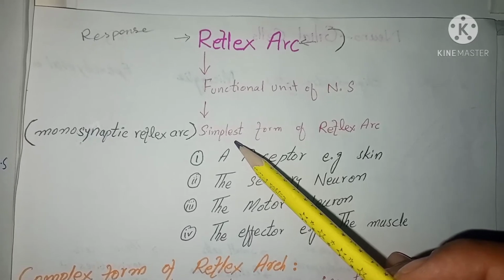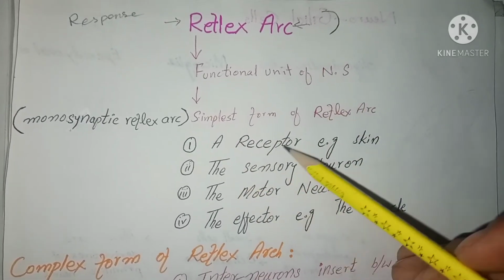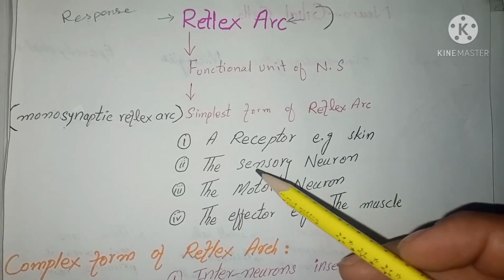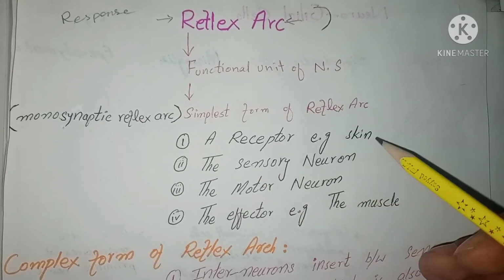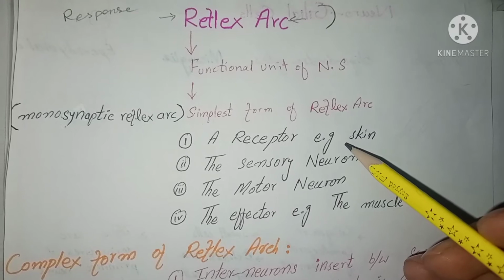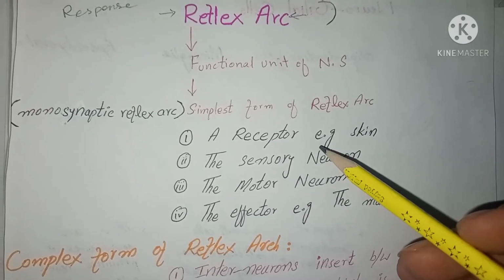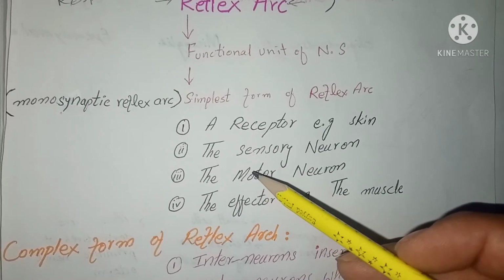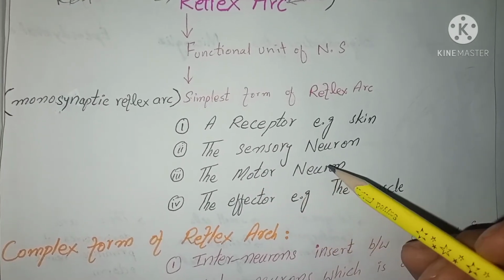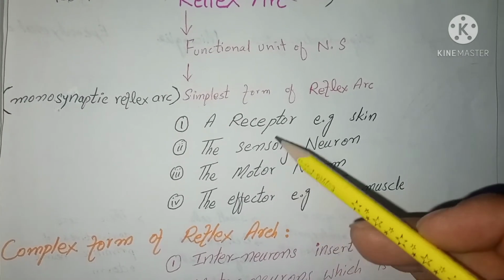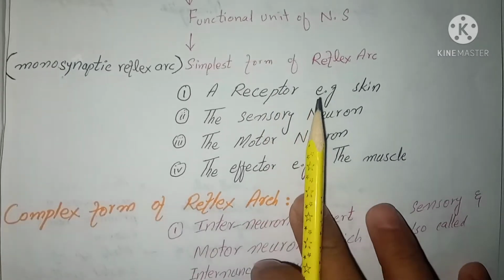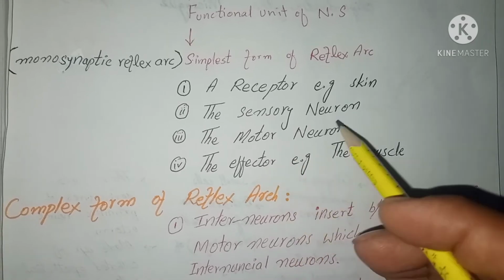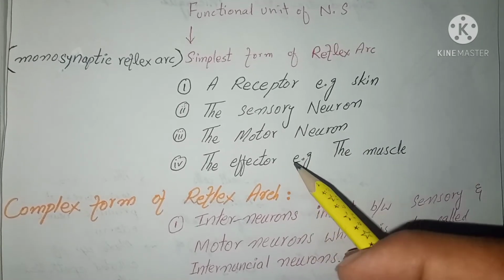The simplest form of reflex arc has a receptor, for example the skin, which takes the message. In the skin, a sensory neuron takes the message and sends information to the CNS, the nervous system. The nervous system takes action, the motor action, and sends the message back. The effector is there, like the muscles, and they perform these actions.